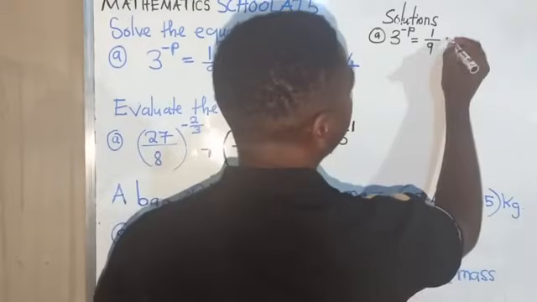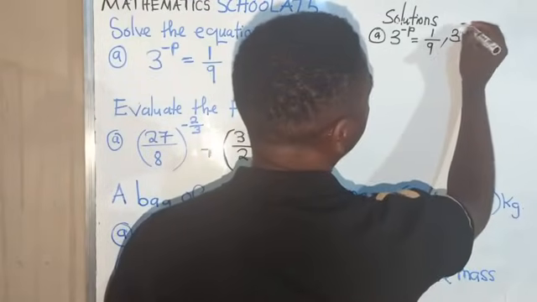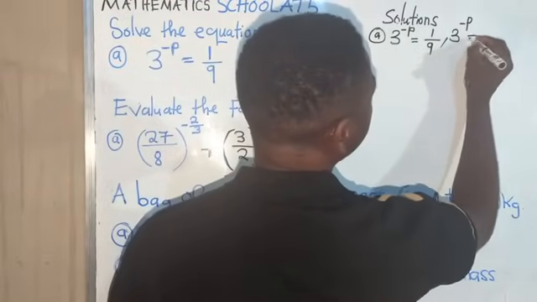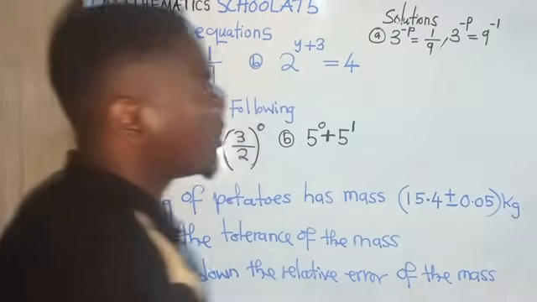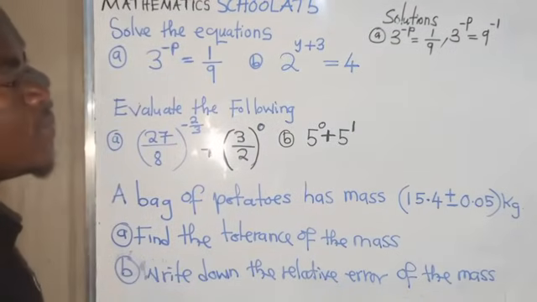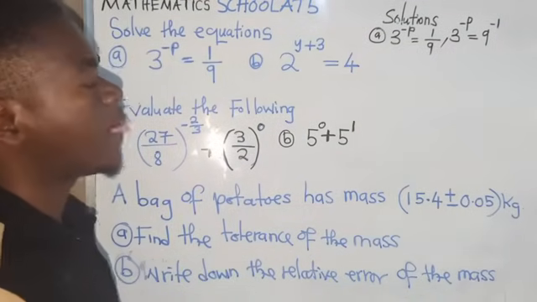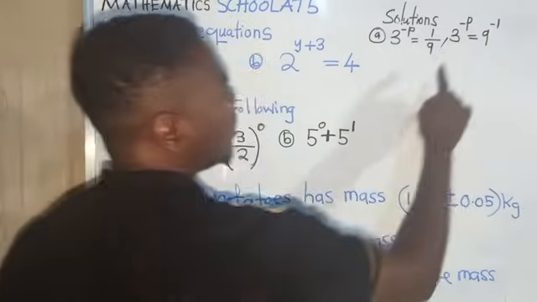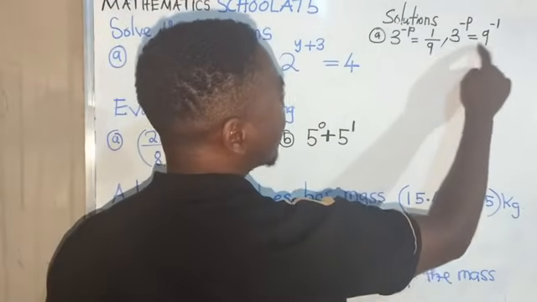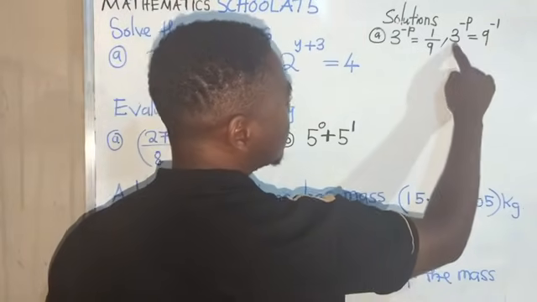Changing it to a negative index, we are going to have 3 to the power negative p is equal to 9 to the power negative 1. It is just one and the same. So I have changed from a positive index to a negative index. It is at this point where I can now know that this is 3.